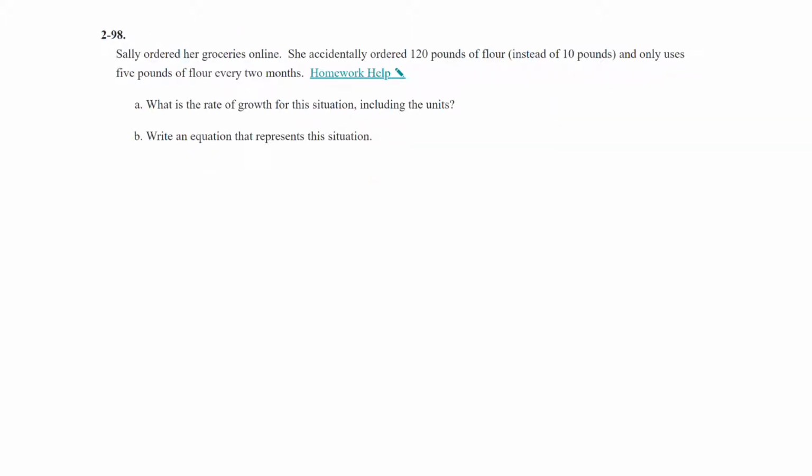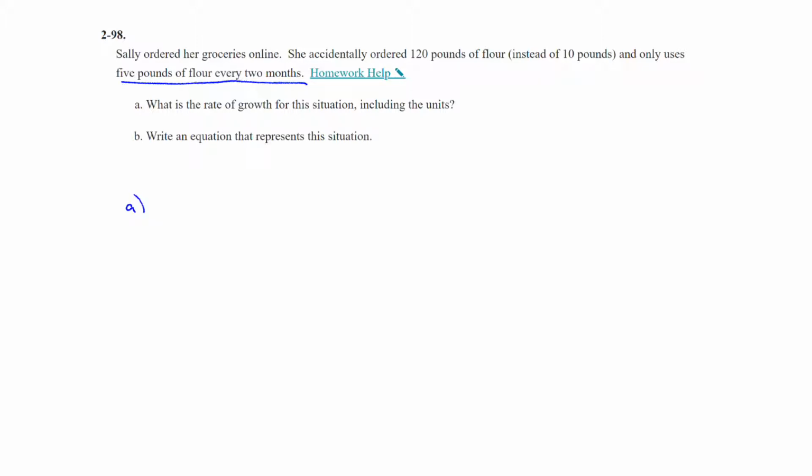Question 98. Sally ordered her groceries online. She accidentally ordered 120 pounds of flour instead of 10 and only uses 5 pounds of flour every 2 months. What is the rate of growth for this situation, including the units? So we see that she only uses 5 pounds for every 2 months, so that is decreasing.